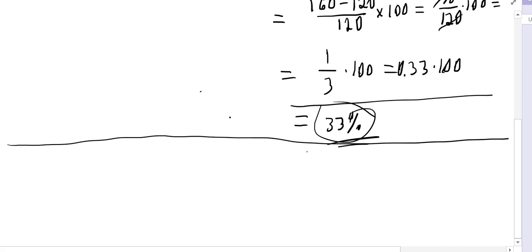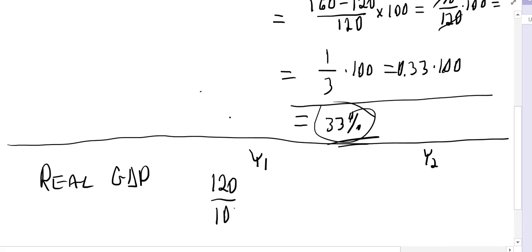Now real GDP for year 1 and year 2. For year 1, real GDP is nominal GDP over 100 times 100. That gives us exactly 120.